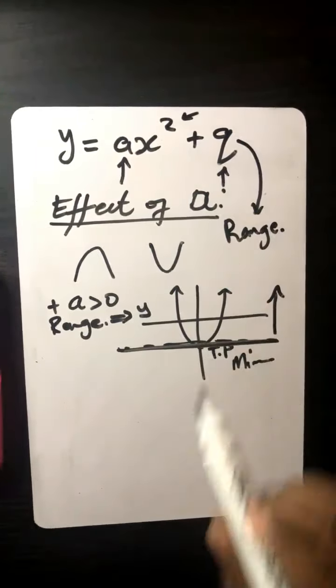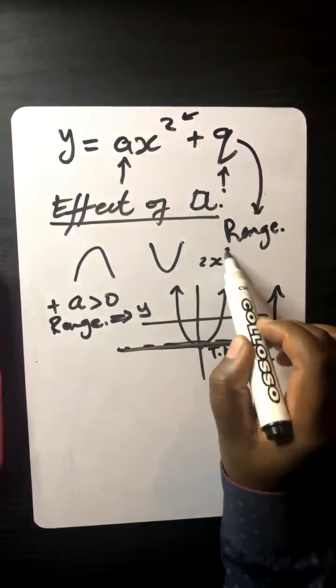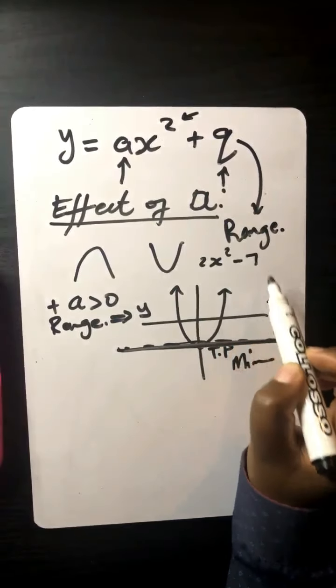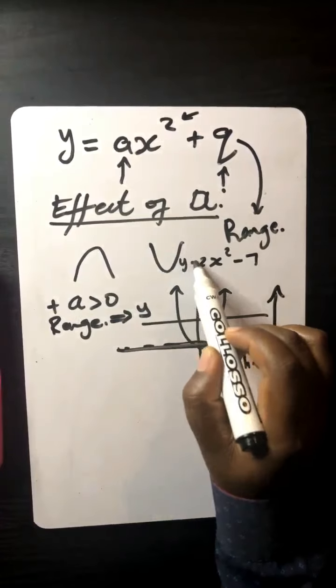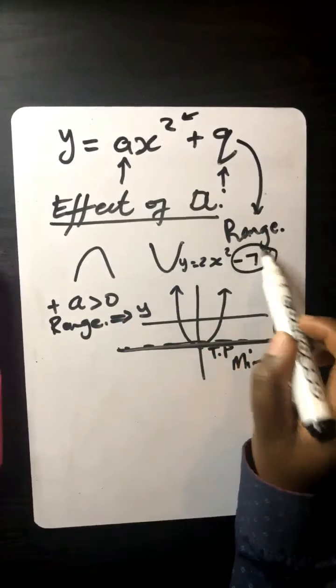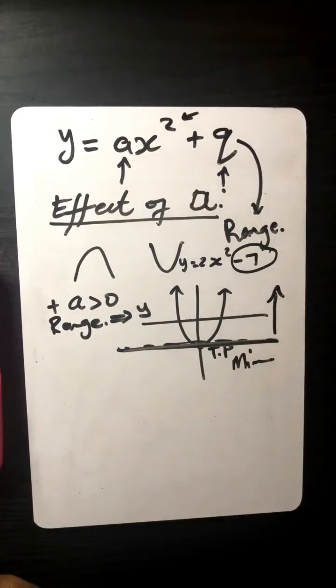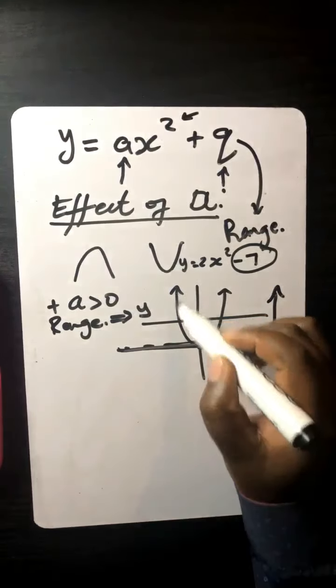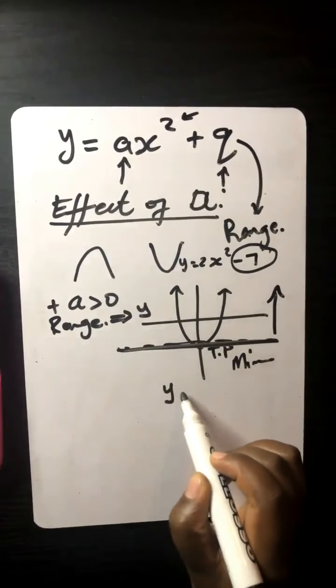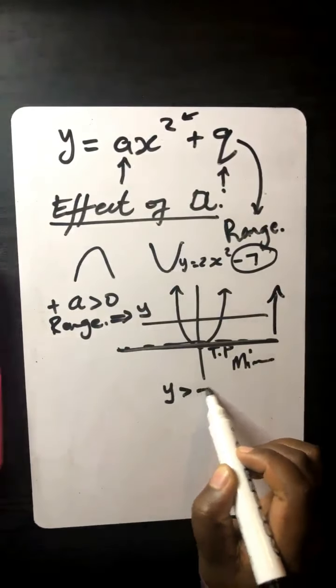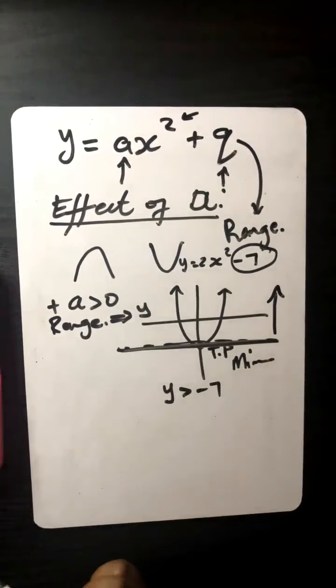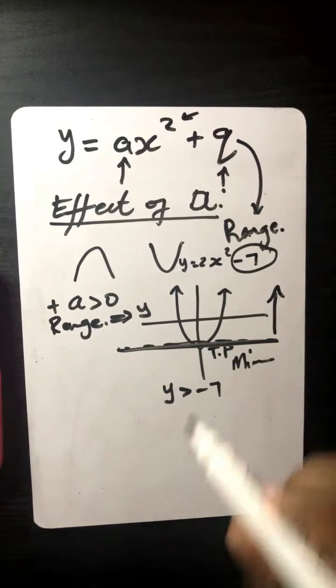If let's say you've got 2x squared minus 7, this is a function, then minus 7 is your range. If the question asks what is your range, you know minus 7 is your range. If the graph is like that, you just say y is greater than or equal to minus 7.